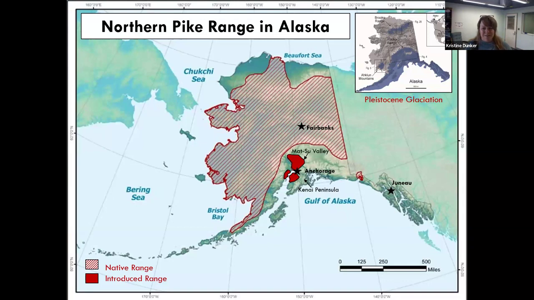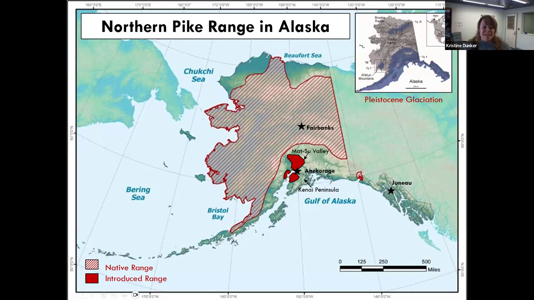Okay, and I want to start with just a very brief context, super quick, about my program's work being mainly focused on this species. And with northern pike, our efforts are on eradication, suppression, and research. All of this is in South Central Alaska. Northern pike are a native species in much of the state of Alaska, and where they're invasive is only really south of the Alaska Mountain Range, which is in the red solid areas on this map.